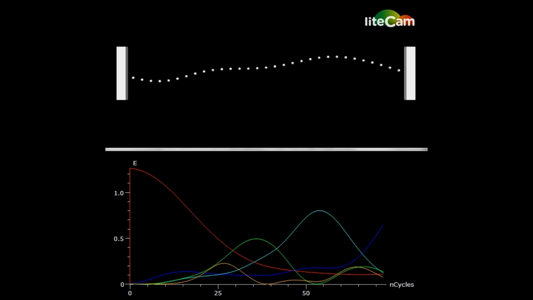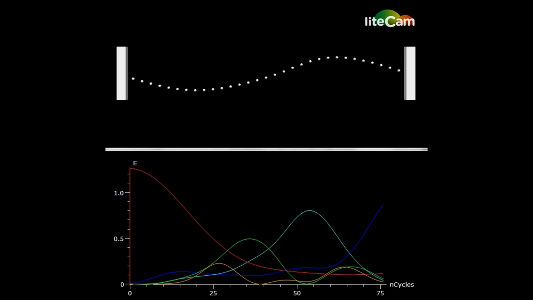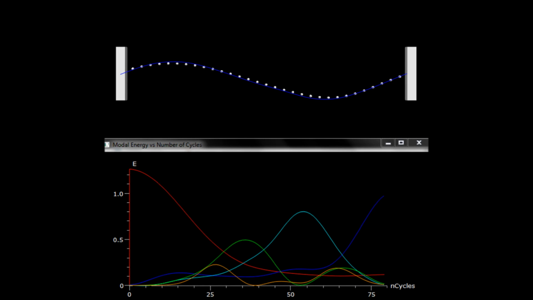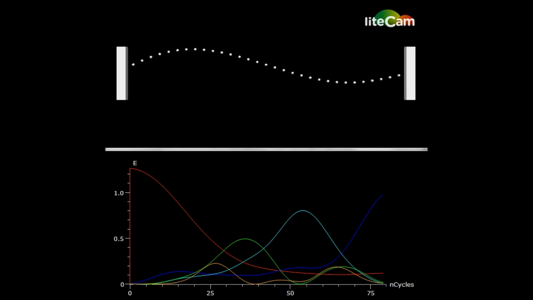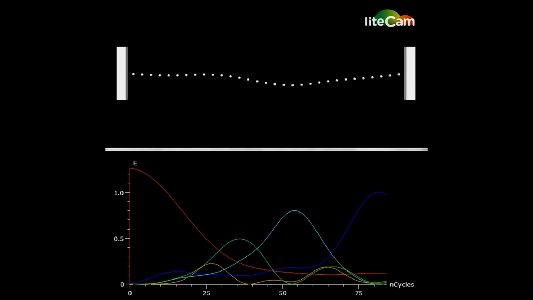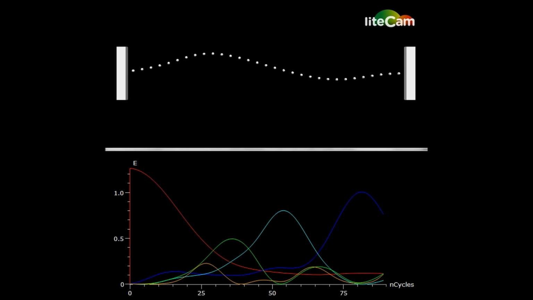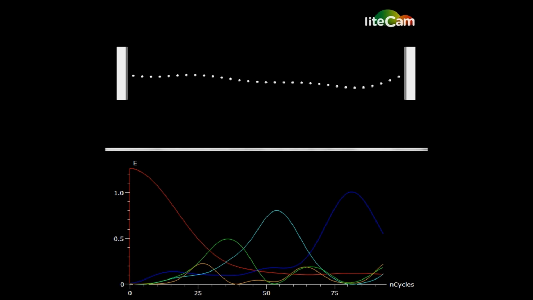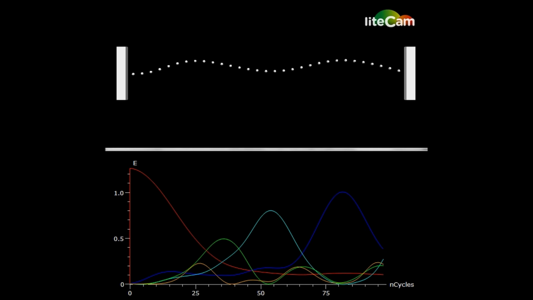The 2nd mode becomes quite clear right about now. With the 4th and 3rd reappearing briefly afterwards.